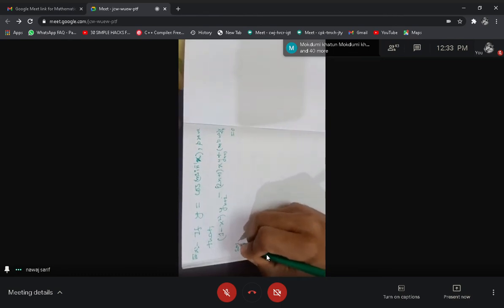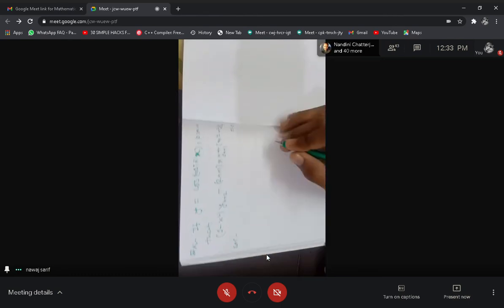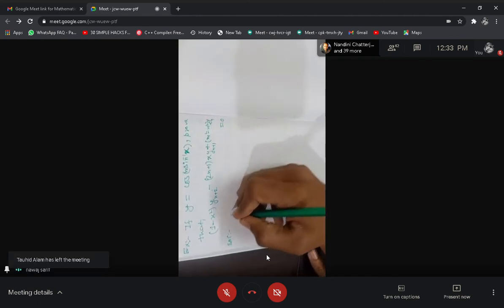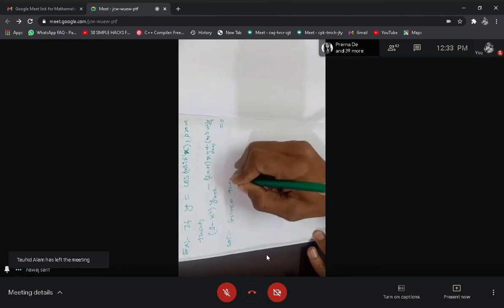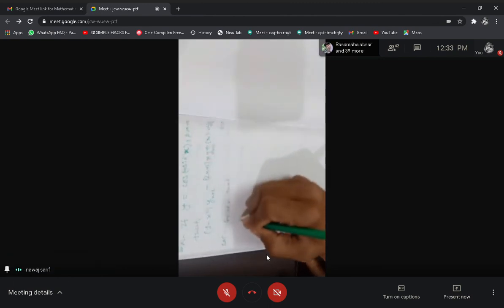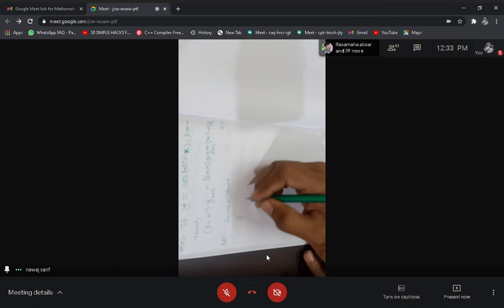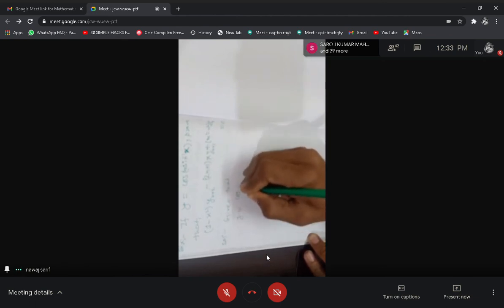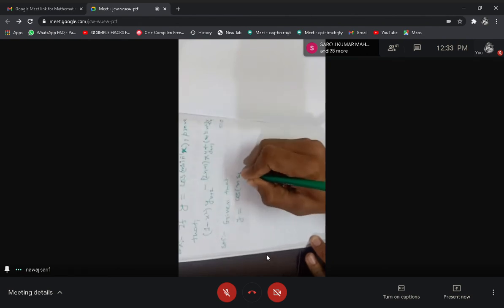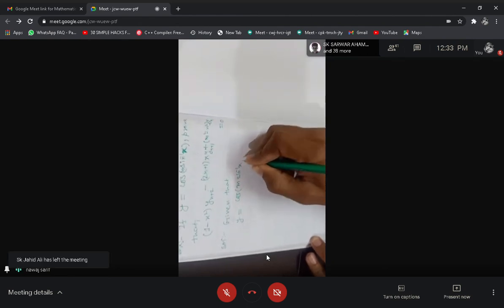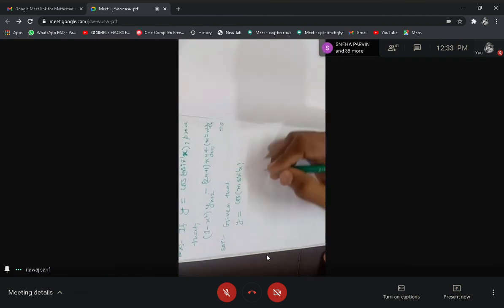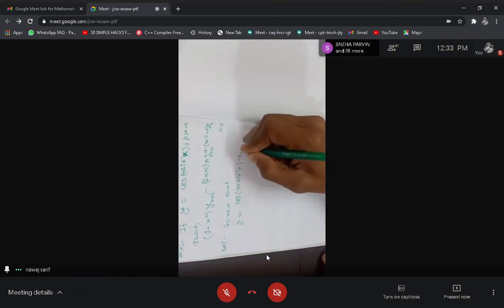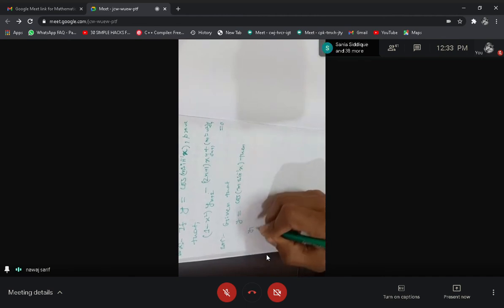So first of all, solution: given that y equals cos of m sin inverse x, then what is y1?